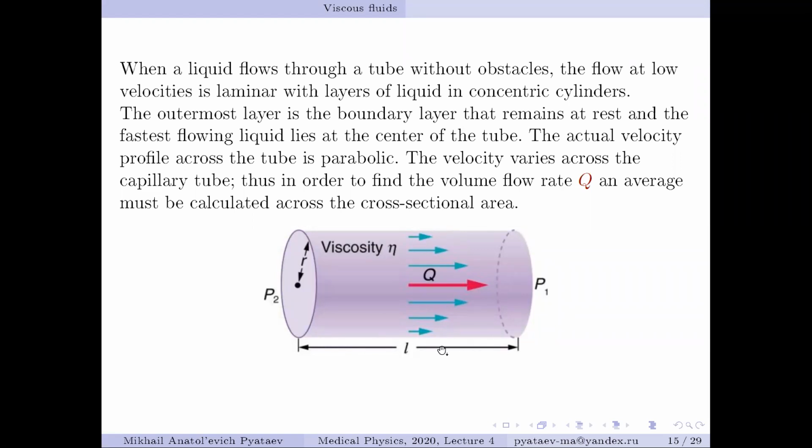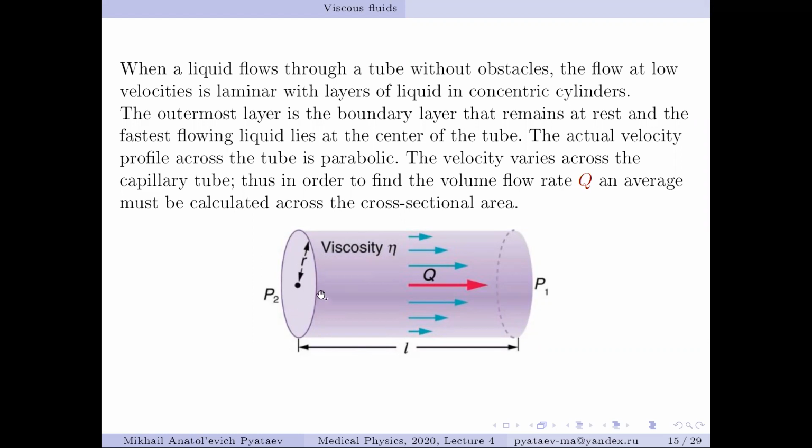Once we know the distribution, we can calculate the total flow rate Q. Now it is not just V multiplied by cross-section, because for different parts of the cross-section, we have different values of velocity. That's why we need to integrate over the radius of the cylinder, and for smaller radius we have larger velocity.